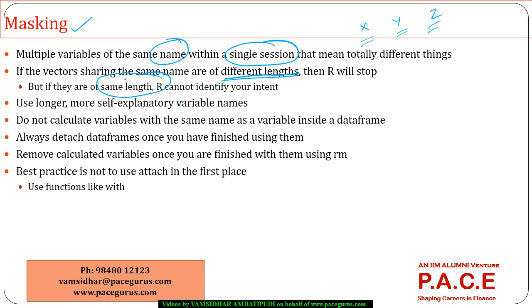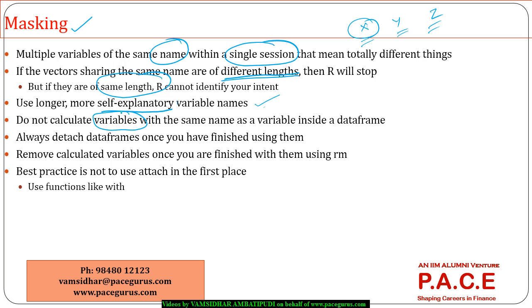So a few suggestions in this context: whatever names you give to the variables, give more self-explanatory names. Let them not be simple variable names like x, y, z, etc. Use names as long as possible, and let the names be self-explanatory in nature.